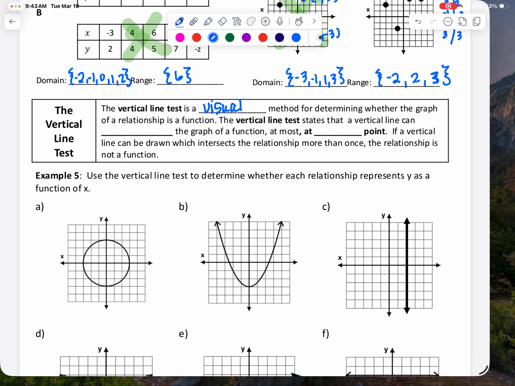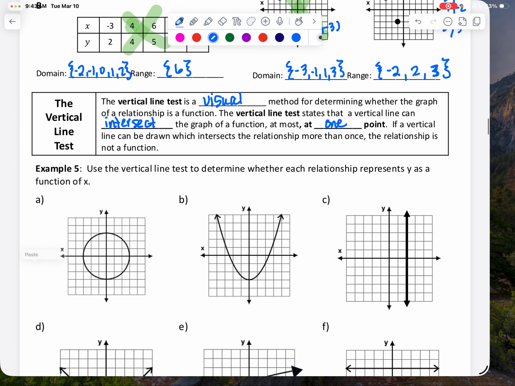The vertical line test states that a vertical line can intersect the graph of a function at most at one point. If a vertical line can be drawn which intersects the relationship more than once, the relationship is not a function.